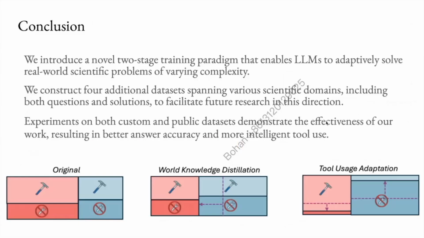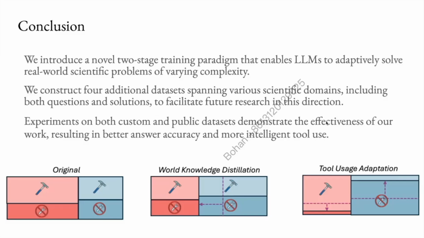It's near to our conclusion. Firstly, we introduce a novel two-component training paradigm that enables LLMs to adaptively solve real-world scientific problems of varying complexity. As we have introduced, it should directly answer the easy problems and resort to tools for harder problems.